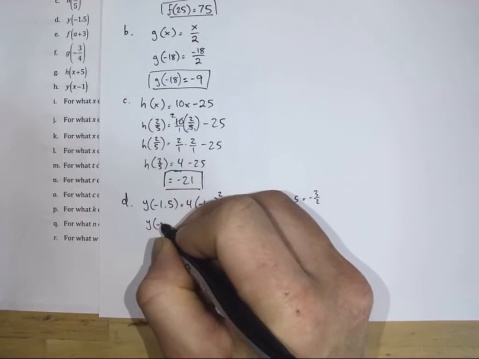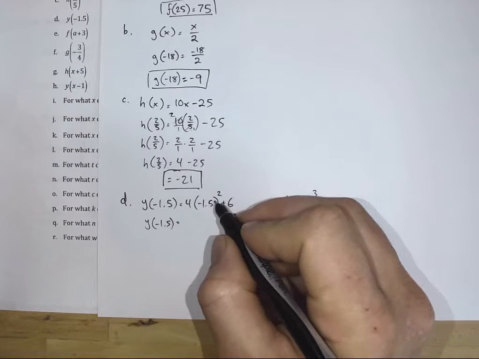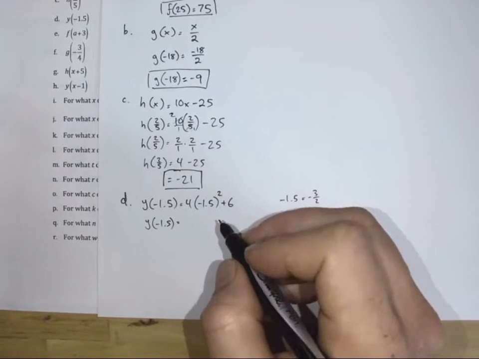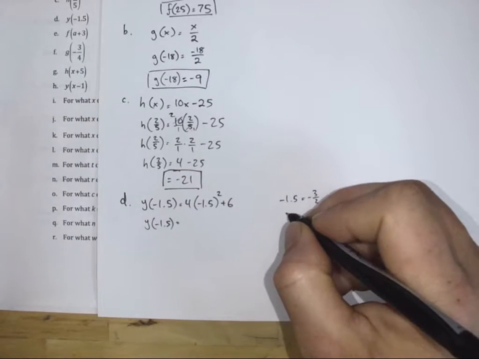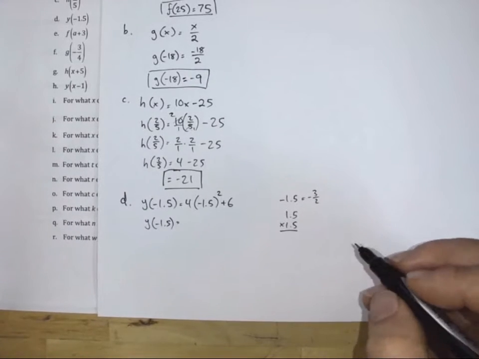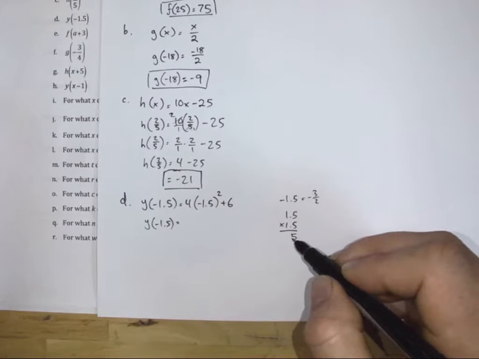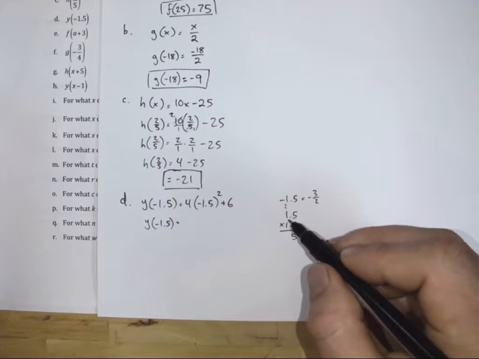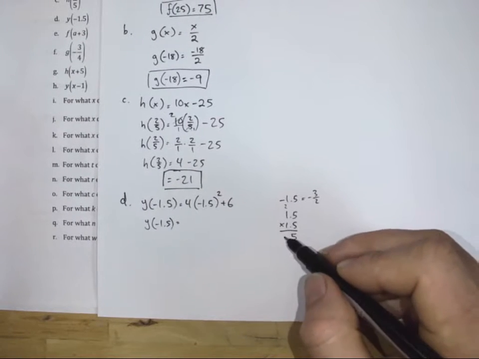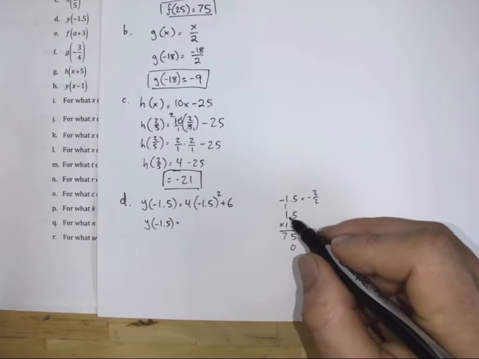Okay, so we got y of negative 1.5. The first thing we did was square, so we're going to square 1.5. And so I might just do that quickly because I know it's probably a pretty quick multiplication. 1.5 times 1.5, 5 5s is 25. And 5 times 1 is 5, plus 2 is 7. And then I multiply 1 by 5 and 1 by 1.